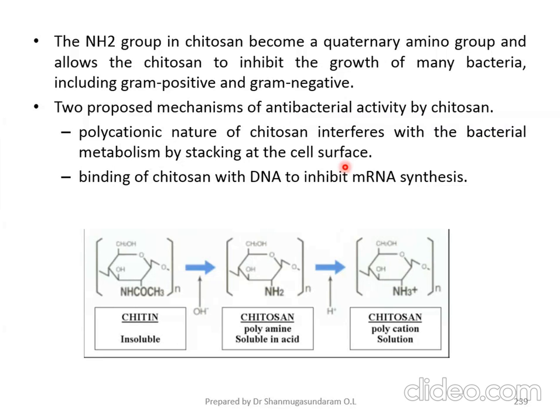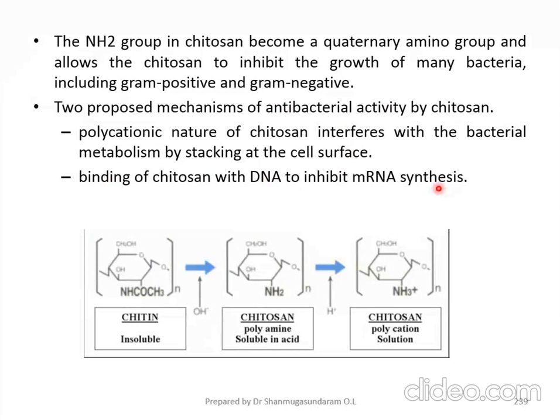This is one mechanism they claim by which this chitosan polymer kills the bacteria. So ultimately you get the antibacterial activity. The second mechanism they propose is that this chitosan polymer binds with the DNA and inhibits RNA synthesis.